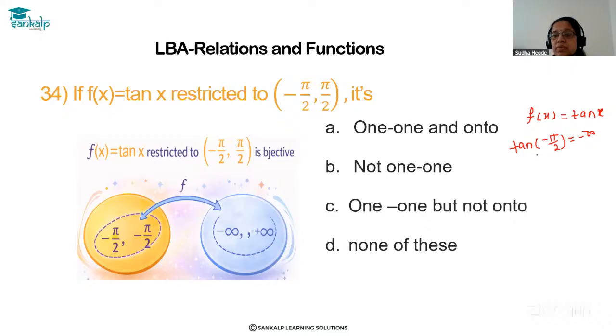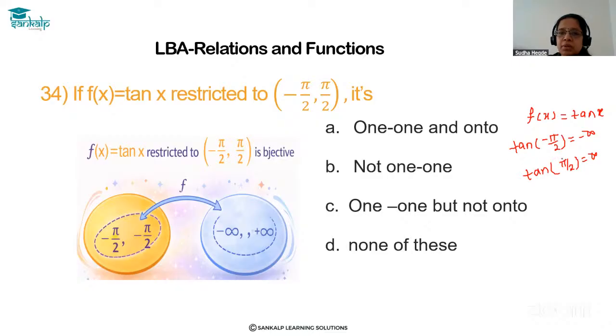Denominator is 0. So tan of minus pi by 2 is minus infinity and tan pi by 2 is infinity. Okay, so the range lies between the whole real numbers.